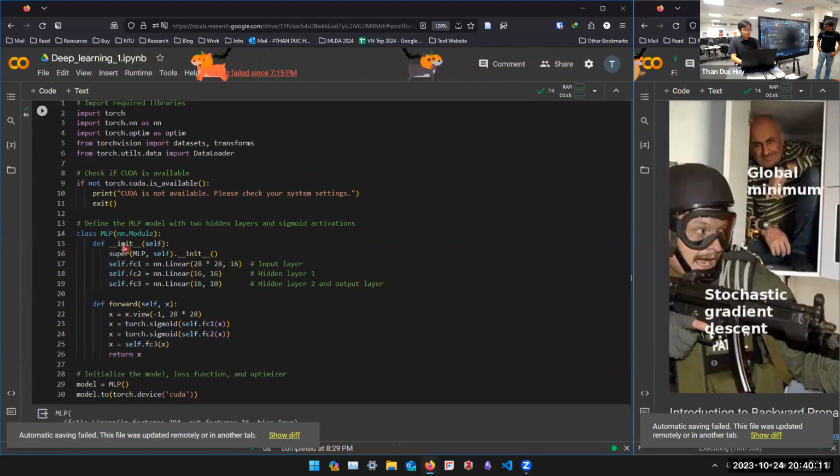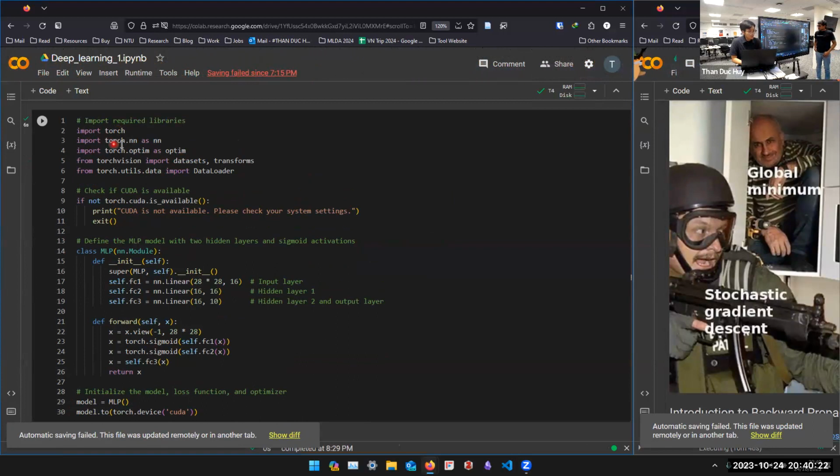First we initialize a Python class and follow the various functions given in nn. You can see the import torch.nn and torch.optim. How do we even know to do this? You go to the torch library and follow the documentation, and under the documentation you can see all the various options that you can use.